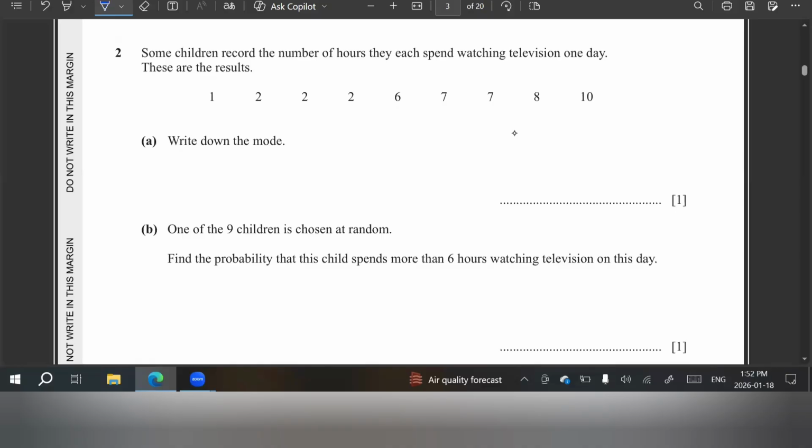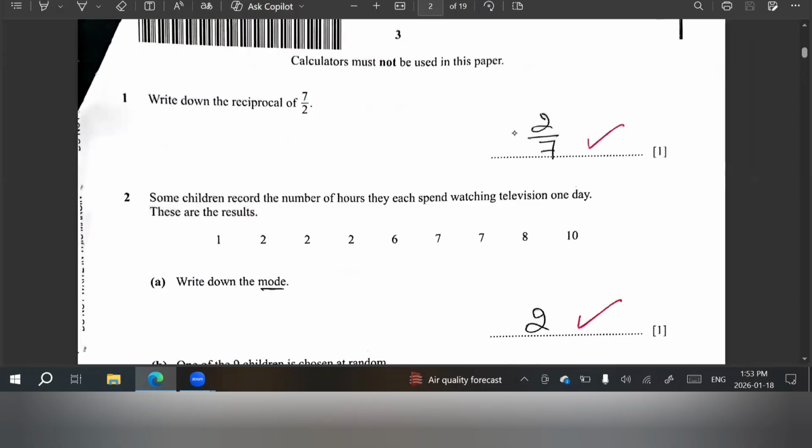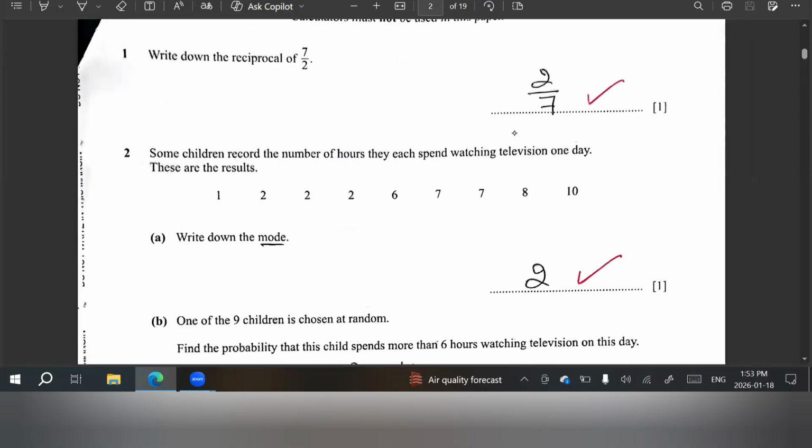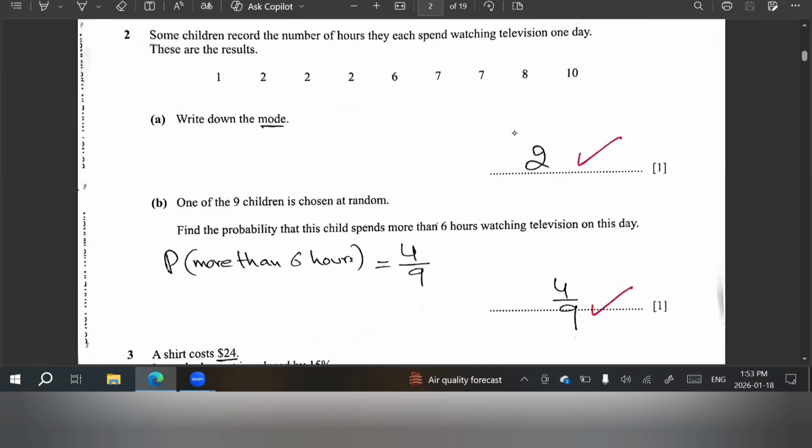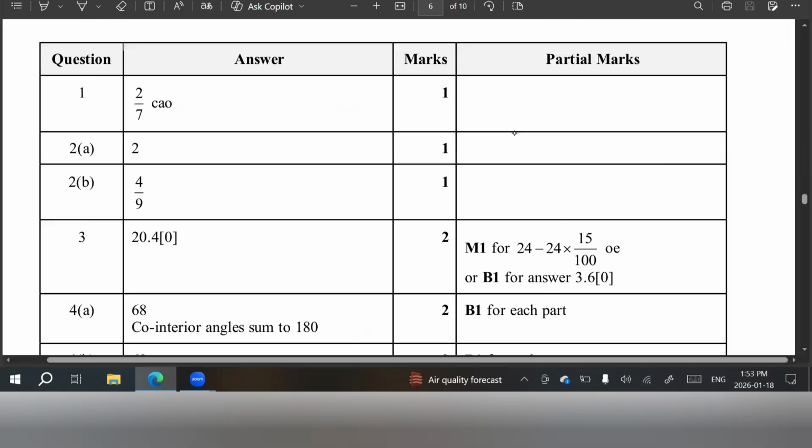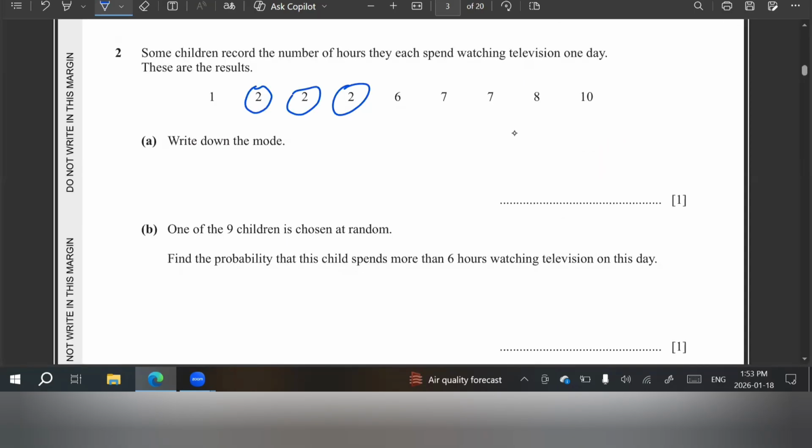You can see that the 2 is here, the 2 is here, the 2 is here. So the 2 came in the data 3 times. None of the other numbers have this much frequency. So that's why I will say that the mode is 2. This is the marking scheme: the mode is 2. So let's do the next one.